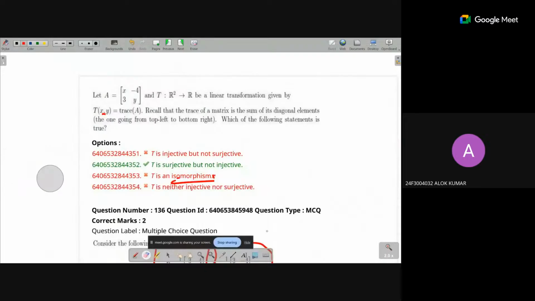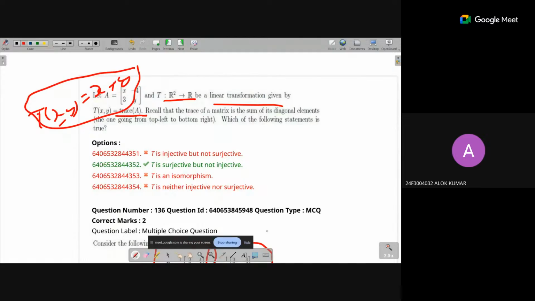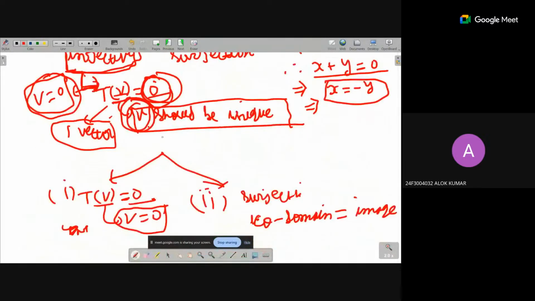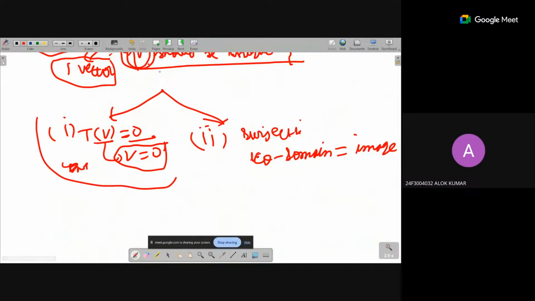One second. The question is saying that we have to write a linear transformation, given by the trace of A, basically the sum of the diagonal of A. So we write the transformation, and we need to check whether it is injective or surjective. The condition for injective is this one, and the condition for surjective is this one.